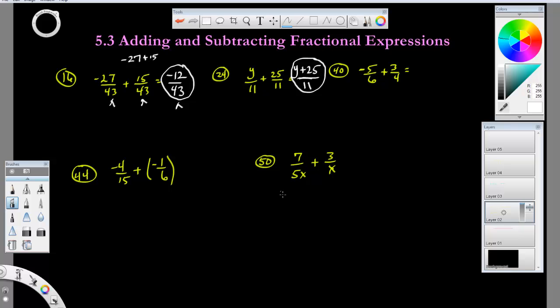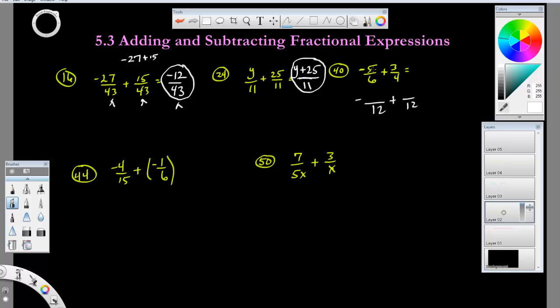Now, what if the bottom isn't the same? Well, you're going to have to get common denominators just like before. 24, 24. Actually, let's back up because we could do 12, couldn't we? 12 and 12. Don't forget that minus sign right there. So 6 times 2 is 12.